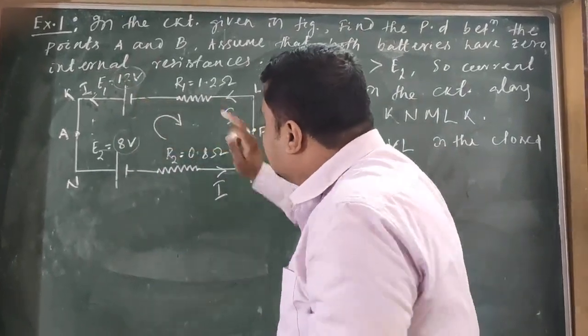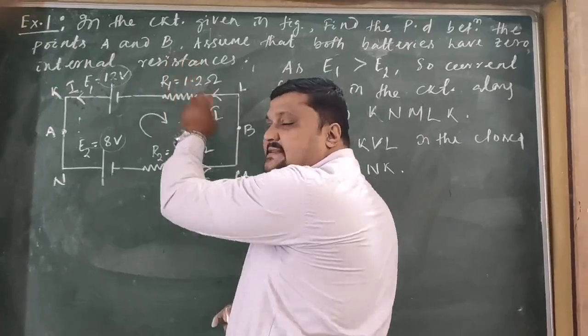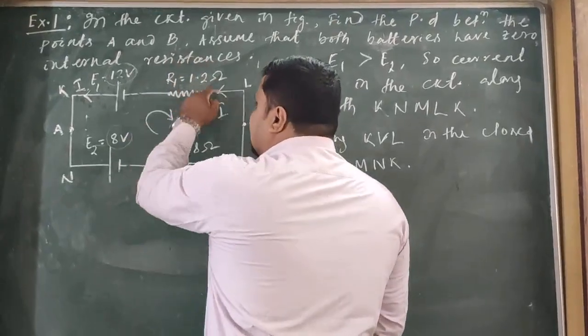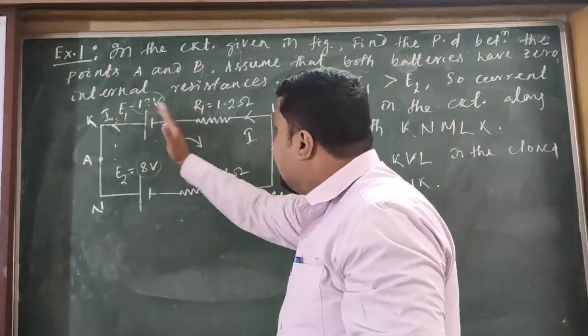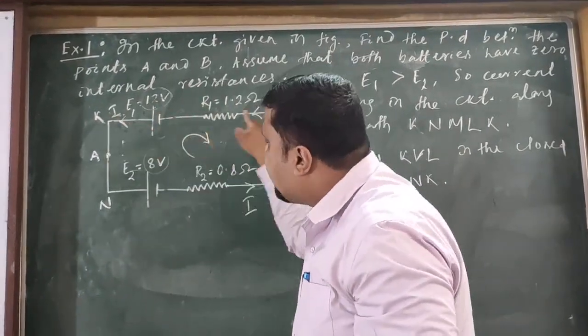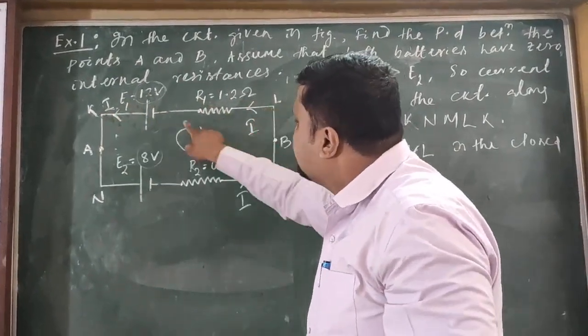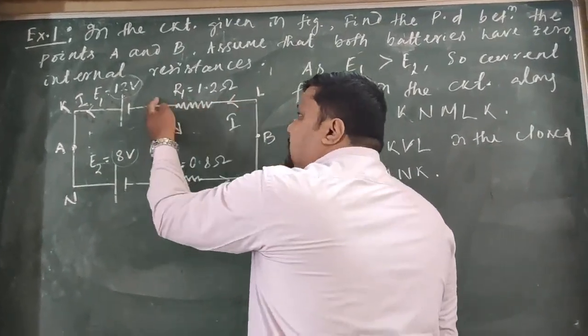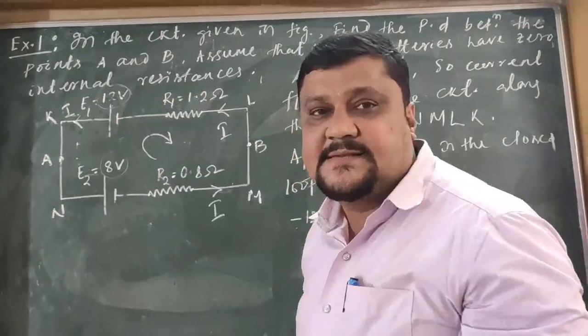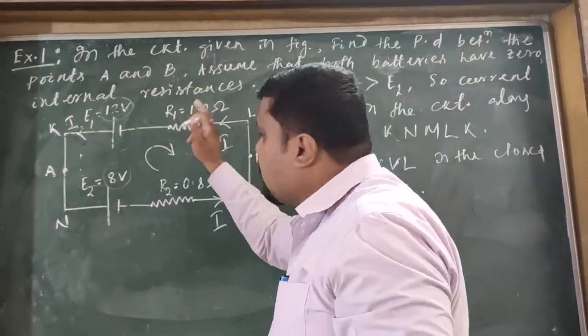Then along this resistor, if a resistor comes, there is a potential drop. In this resistor, the current I flows in one direction, from L to K. What is your path? K to L. So your path is this direction, K to L. Current is opposite. So the potential drop is I R1.